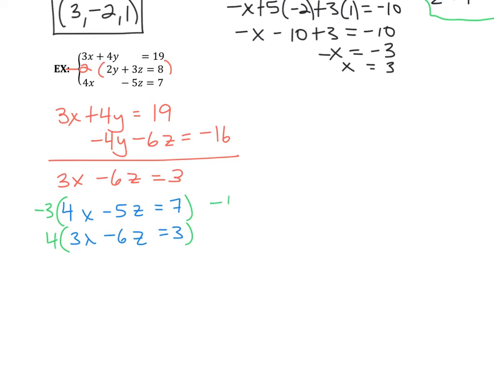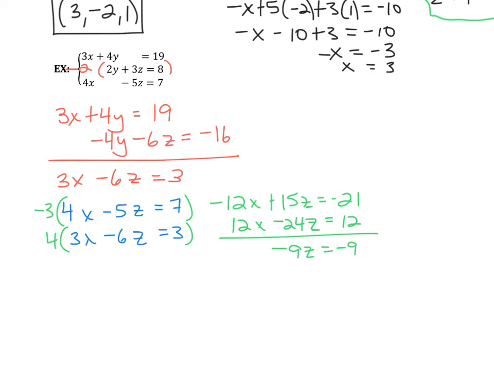I get -12x plus 15z is equal to -21, and 12x minus 24z is equal to 12. All right, so when I add those equations together, I get -9z equals -9, so z is equal to -1. Actually, that'll be a +1, right?